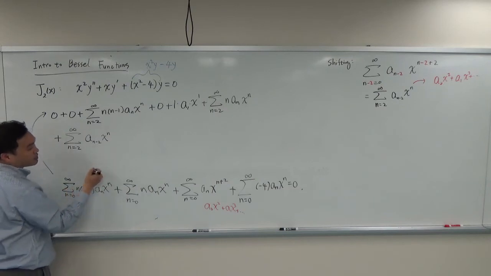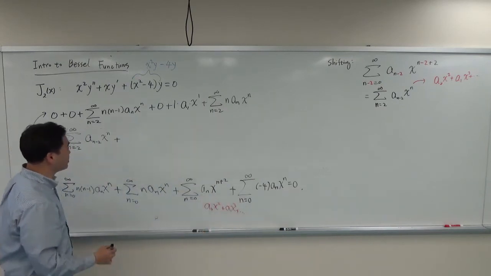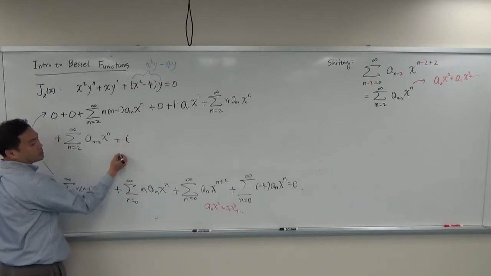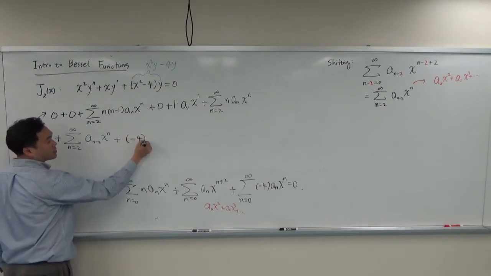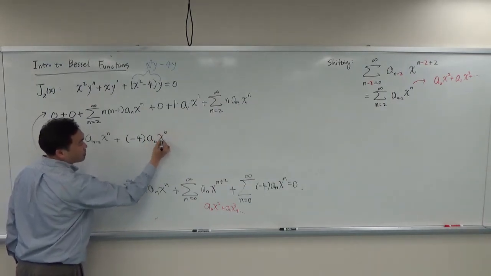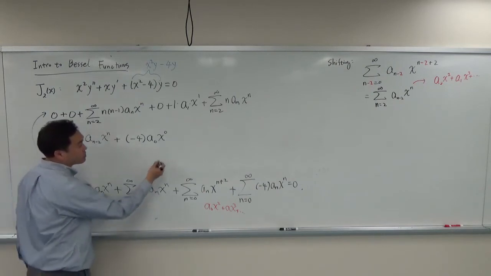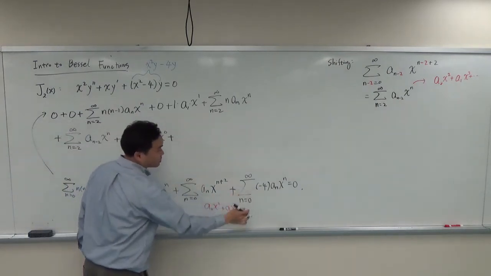Right? And then, how about this one? When n is 0, what does it produce? Negative 4 a0 x to the 0th power. When n is 1, what does it produce?